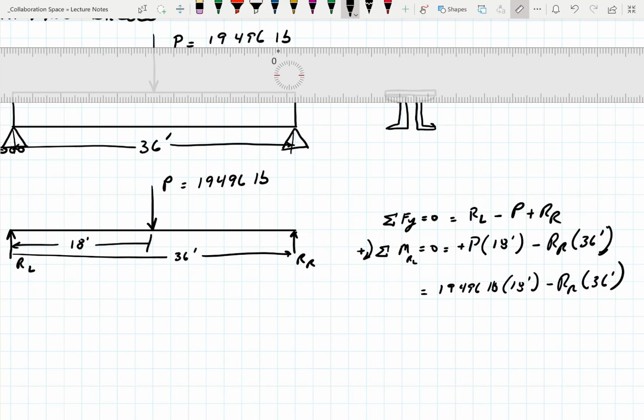That way we actually solve for the right thing. RR is that 19,496 pounds times 18 feet, divided by 36 feet. Okay? Cool. Now I got the right problem. I don't know why I was solving for the force. Because I left it blank.